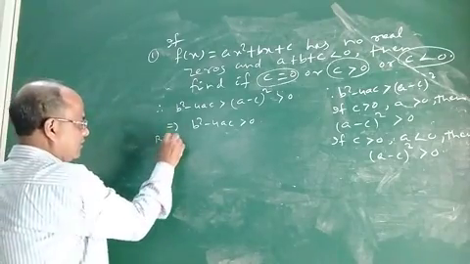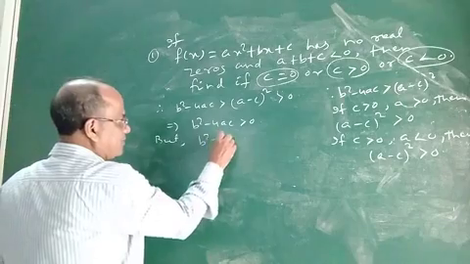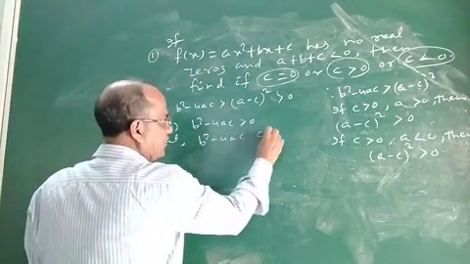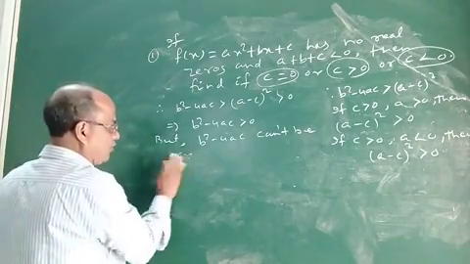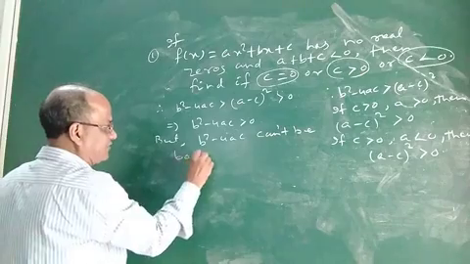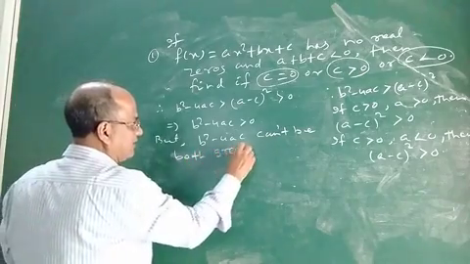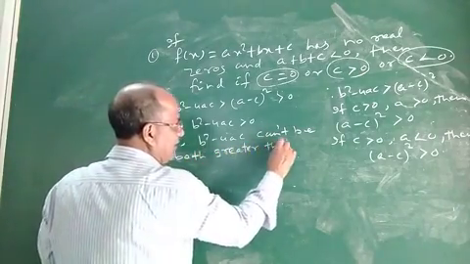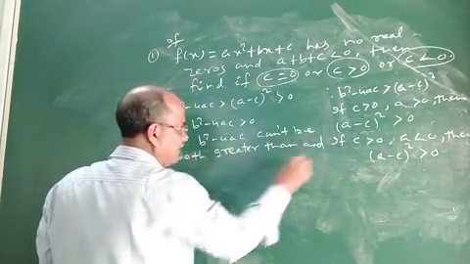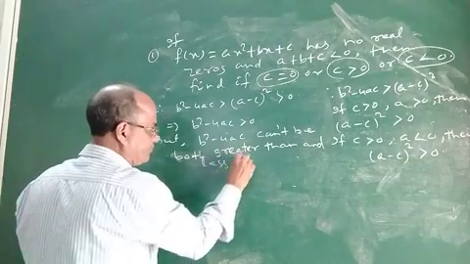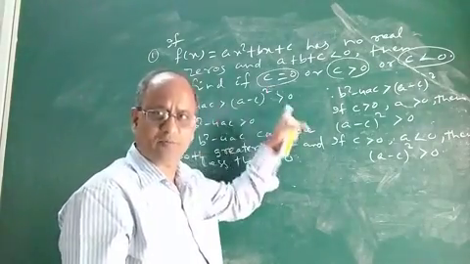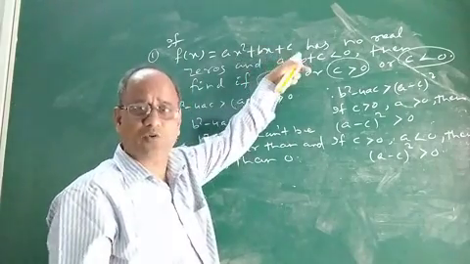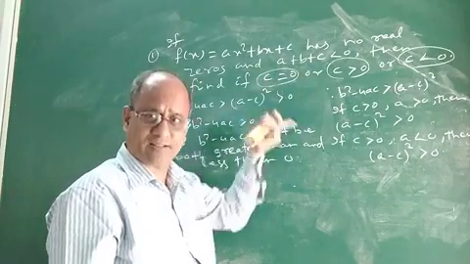But b square minus 4ac cannot be both greater than and less than 0. The discriminant was given less than 0 because this polynomial has no real zero, so the discriminant is negative.